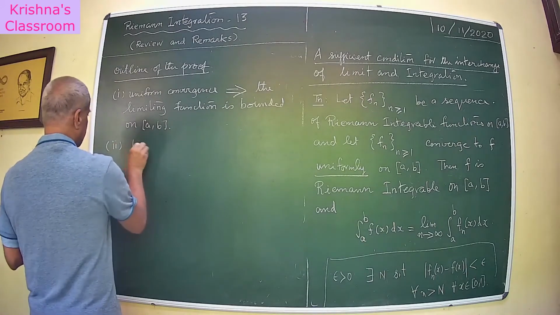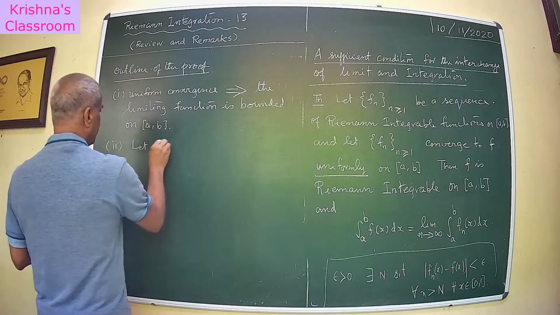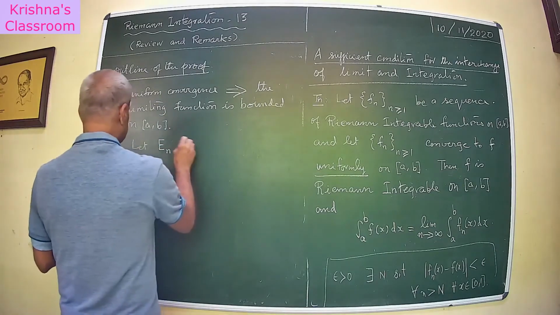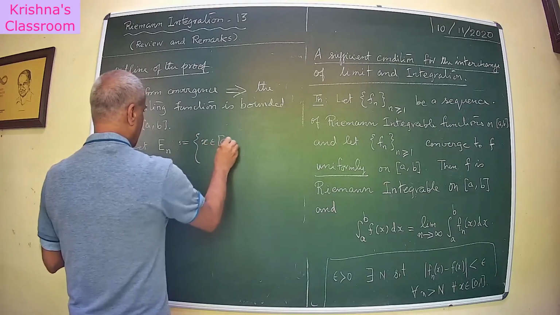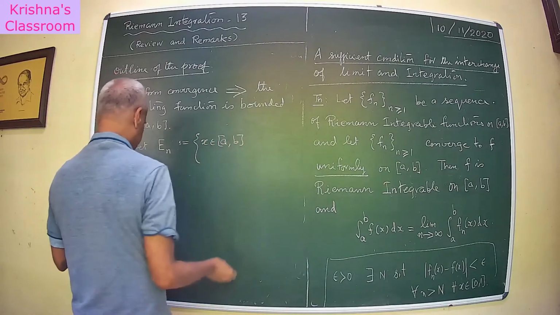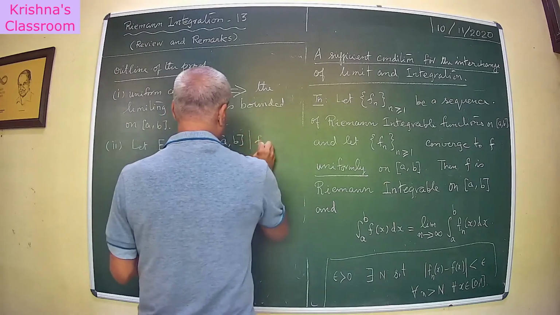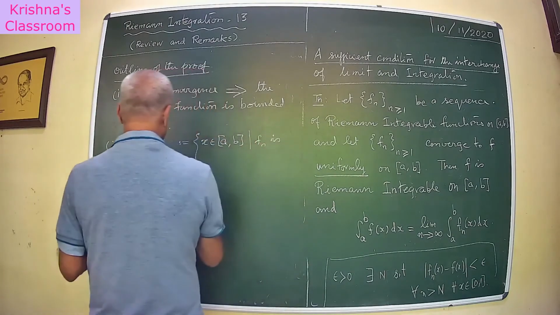Let E_n be the set of points where f_n is not continuous.